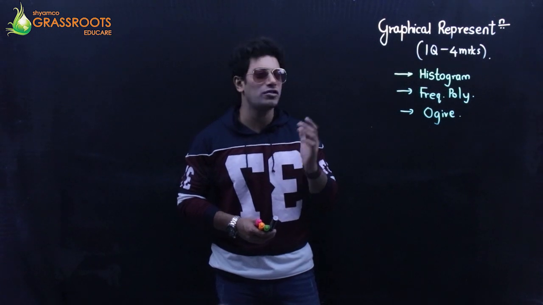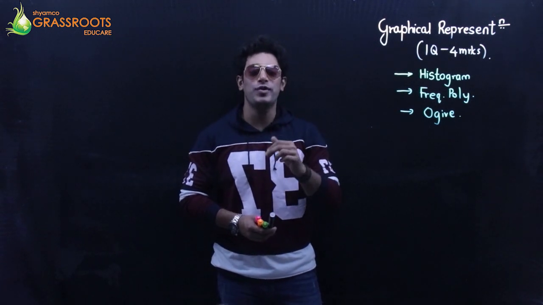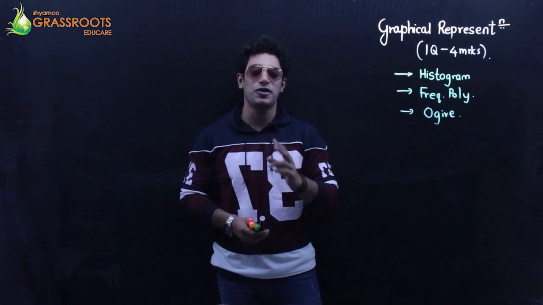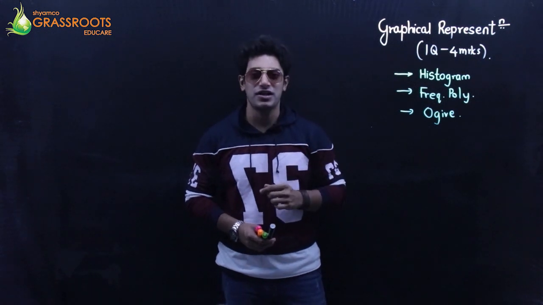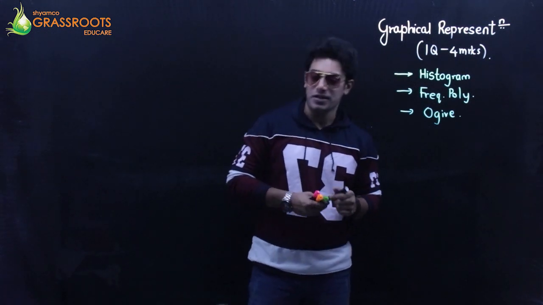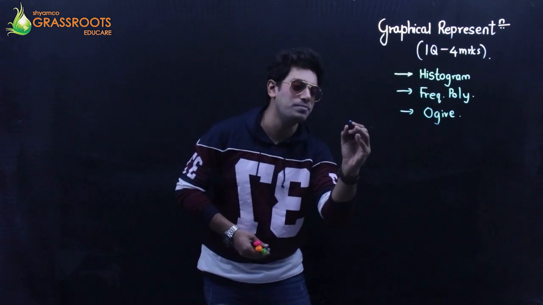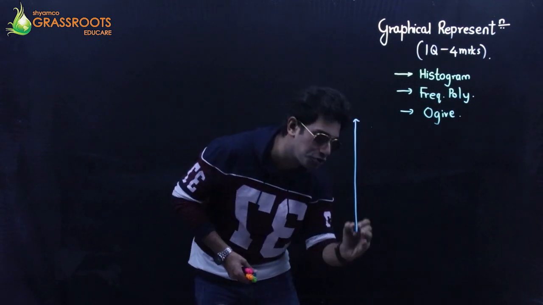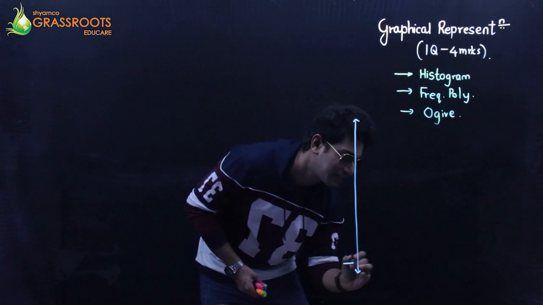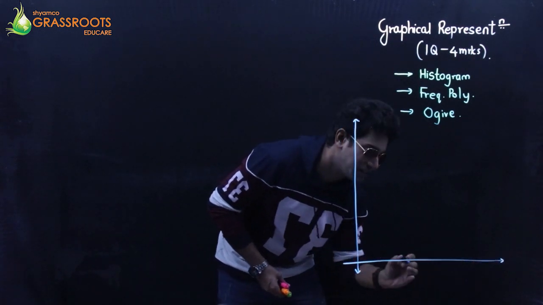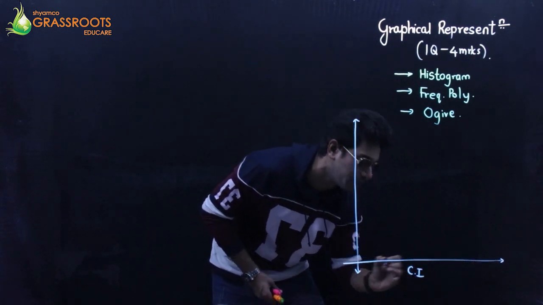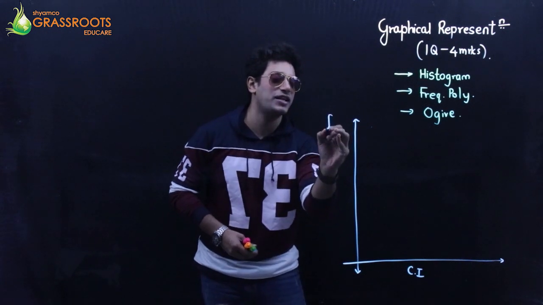Whenever you solve graphical questions, we need to ask ourselves 2 questions. First is the class interval. The class interval is always drawn on the x-axis. And on the y-axis, we get the frequency.